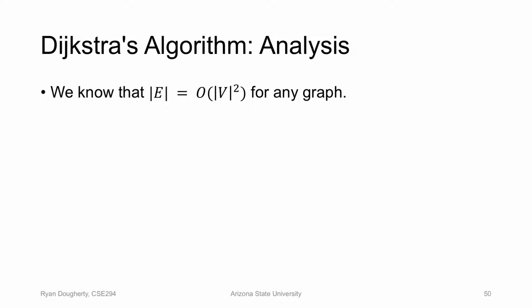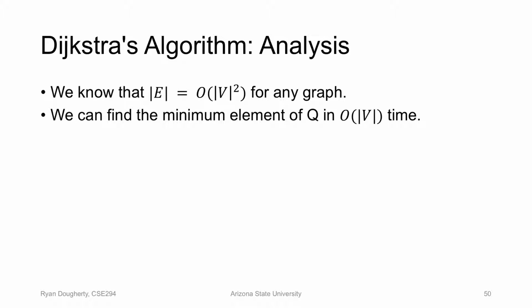N times n minus 1, it's order n squared, right? So therefore, that's why I have this here. So the number of edges is order of the number of vertices squared. It could be less, but I'm saying that it can't be more than this. This is the absolute most it could be. Okay?